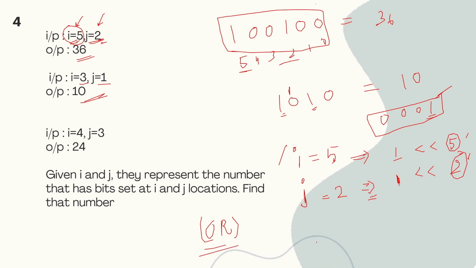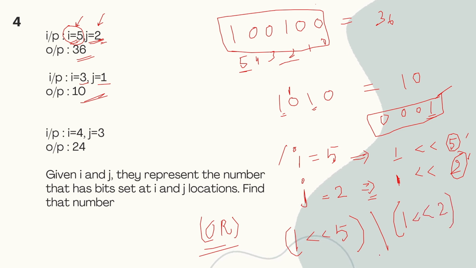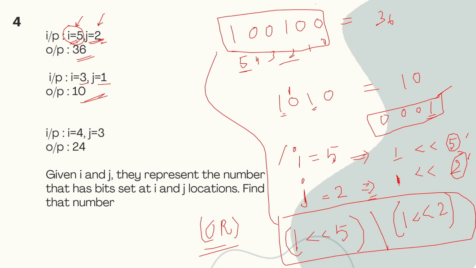That means if I do one left shift 5 times, and apply an OR operator, and do one left shift 2 times, that's it. This entire thing is going to give me the representation as this thing, which is nothing but 36.